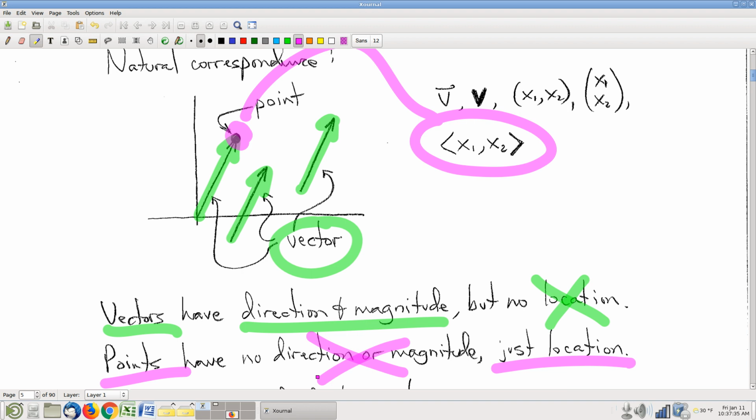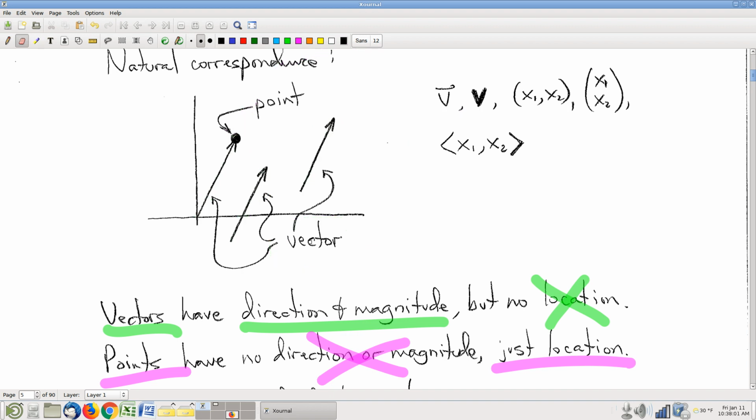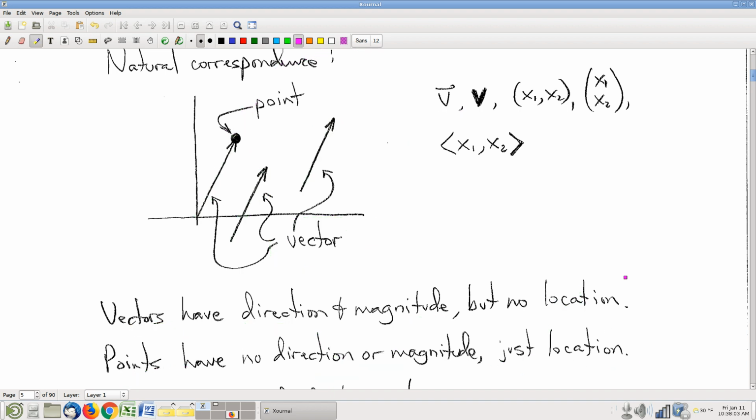So, whatever it is that you're referring to, whatever role, the thing that you're describing with x1, x2, how it's being used should make it perfectly clear in context. Are you talking about a vector, or are you talking about a point? And so, since the context always makes it clear, I'm pretty comfortable with just being sloppy with the notation. I'll confess it's a little sloppy, but anyway, so don't worry about it.